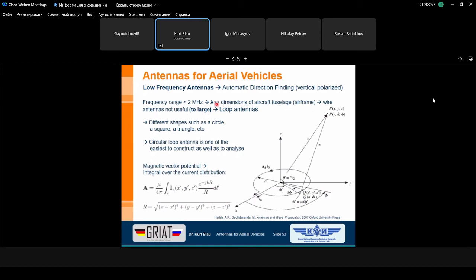Such a loop can be realized much smaller than a dipole, which works at half wavelengths or a little bit smaller lengths. Regarding the wavelengths, we saw in one of the slides before a dipole with a length of 1% of the wavelengths.